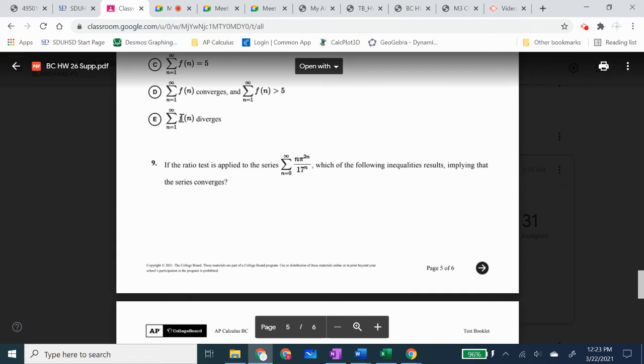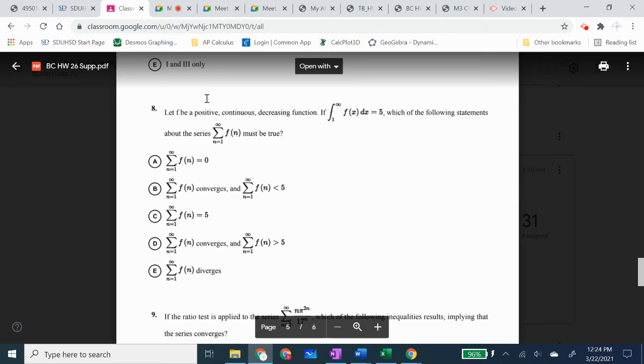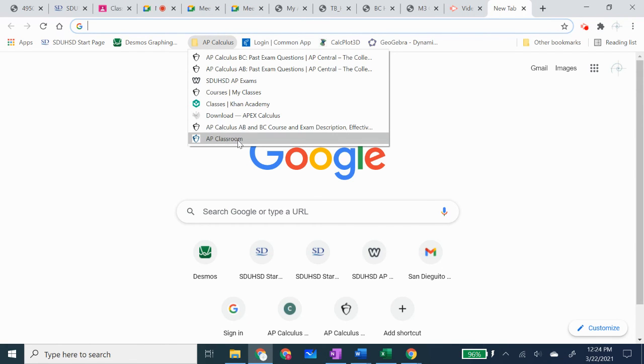And I should probably set up a link additionally. Do all of you have links for AP Classroom right on your computer? Yeah, go to that link and then you'll see that this is assigned. Of course, oh, I'm on the school's Wi-Fi. That's why everything's taking so long.